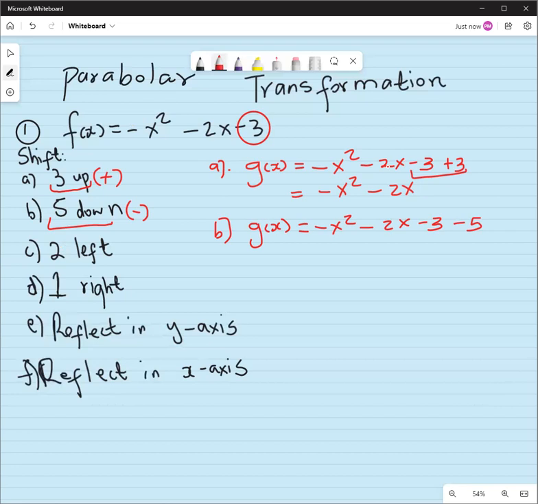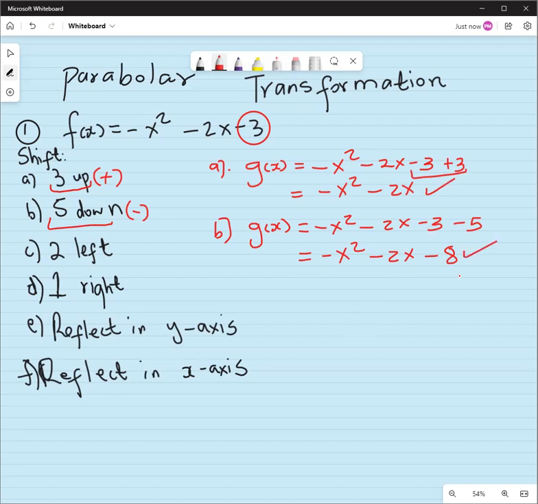So up and down, you just basically write whatever function you have and then you add or subtract depending on whether you're going up or down, which becomes negative x squared minus 2x and then minus 8. And that's it for up and down. This is up, that is down.